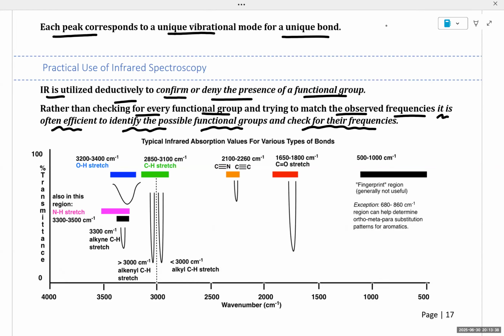Here is a table of common IR absorption frequencies for different functional groups. Your goal is not to look at the spectra and then say, oh, I have this, this, and this functional group, but rather to say, based on my formula and based on my structure, I expect these functional groups, so I'm going to check for those peaks. So it's important to approach it deductively rather than inductively, in my opinion.